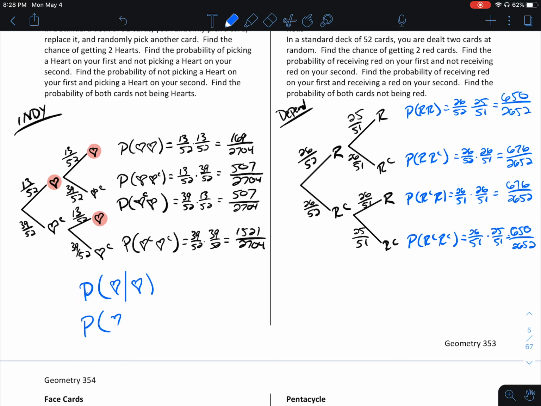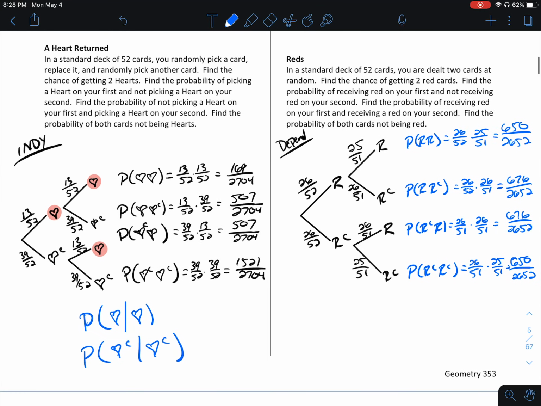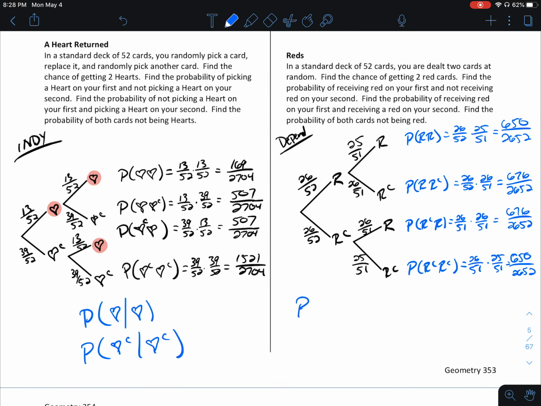Probability of getting the complement of a heart given that you got a complement of the heart the first time. For the reds, I'd like you to find the probability of getting a red given that you got a red the first time, and the probability of getting a complement of a red given that you got the complement of a red the first time.